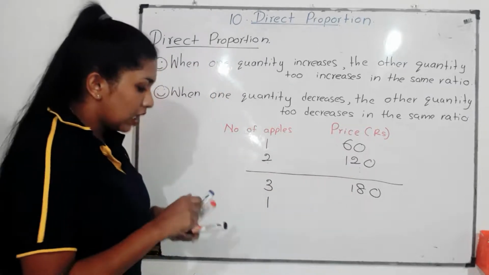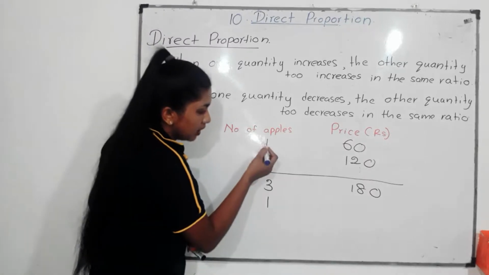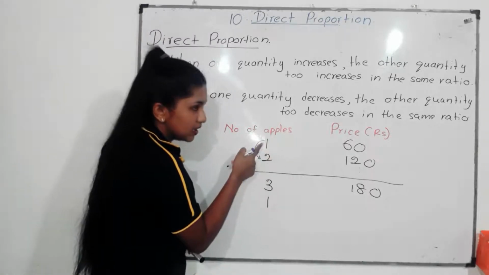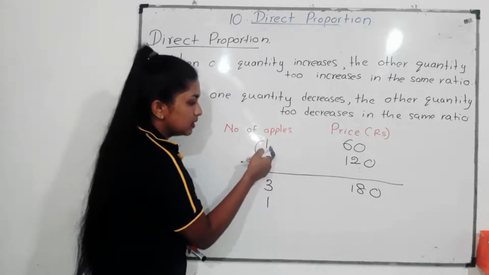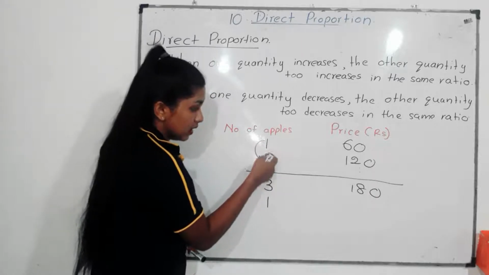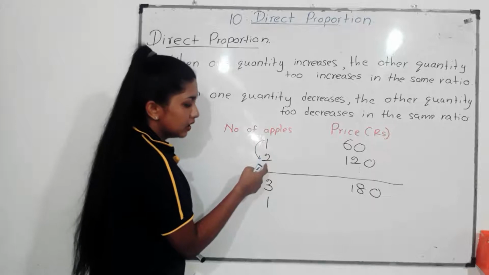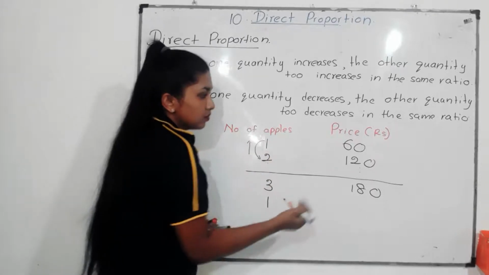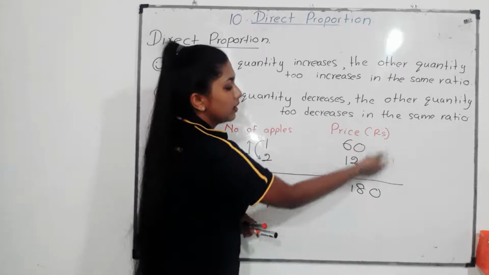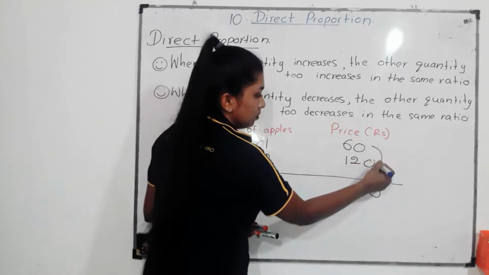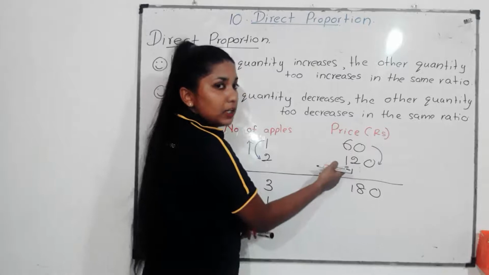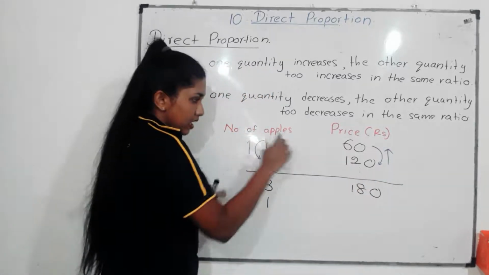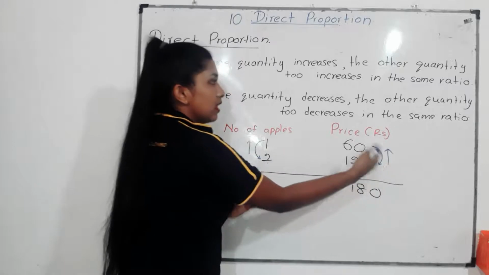Now can you see, when we increase this side, the number of apples increases from 1 to 2. Then this side also increases from 60 to 120. This side increases, then this side also increases in the same ratio.